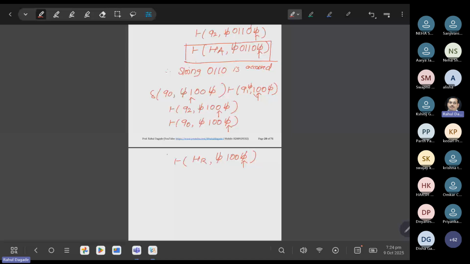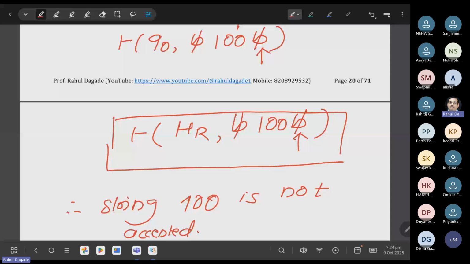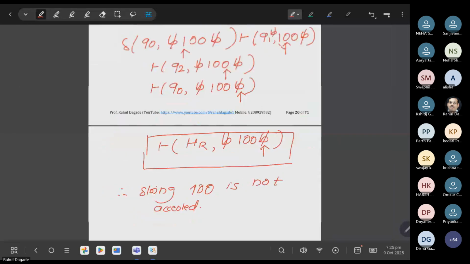Since it is in the HR state, the string 100 is not accepted. Getting the point? So this is how you have to do the simulation. Show the simulation for two inputs: one is an accept input and another is a reject input.